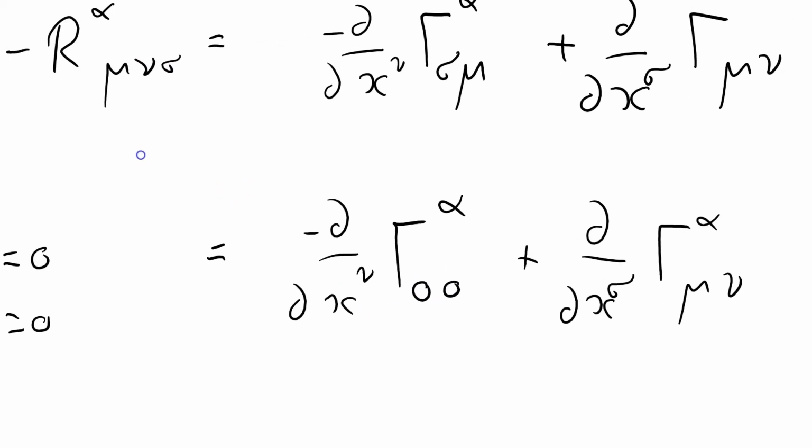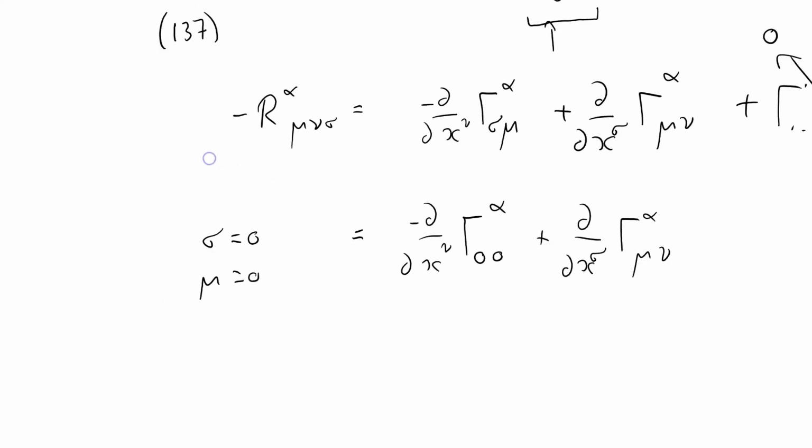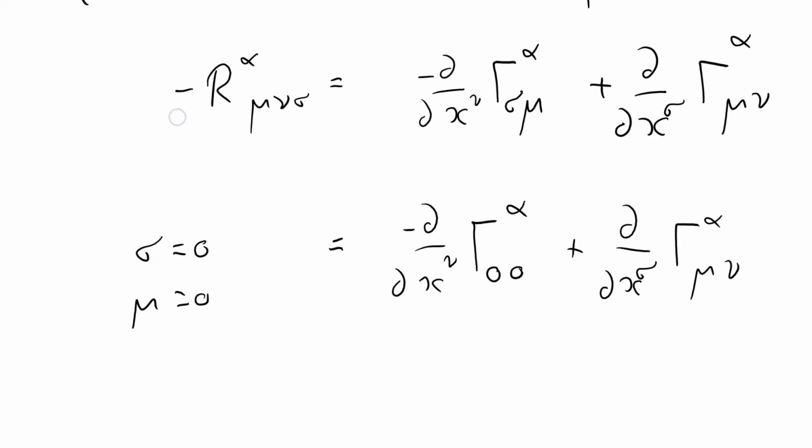And that also means, what am I doing here? Just a minute. Sigma equals 0 and mu equals 0. So sigma equals 0, so that's ∂x^0, and the other term is mu, which is this one here.